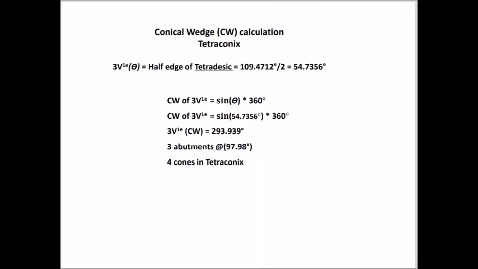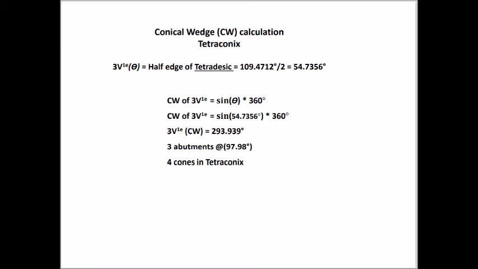Now we will calculate the conical wedge CW of the tetraconix, where its subtended angle is 1/2 of the edge arc of the tetradecic that I have pulled from that earlier calculation, and that results in an angle of 54.7356 degrees.